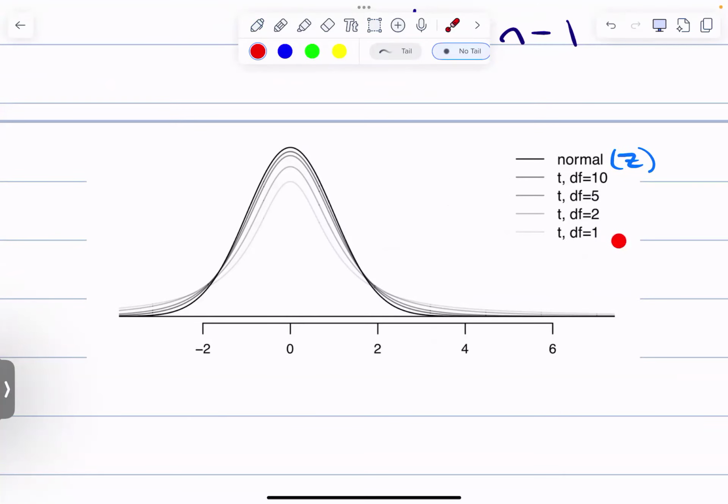Same as norm.s.dist, t.dist takes a t and the degrees of freedom and returns the area under the curve to the left. And t.inv takes the area to the left and the degrees of freedom and returns a t.